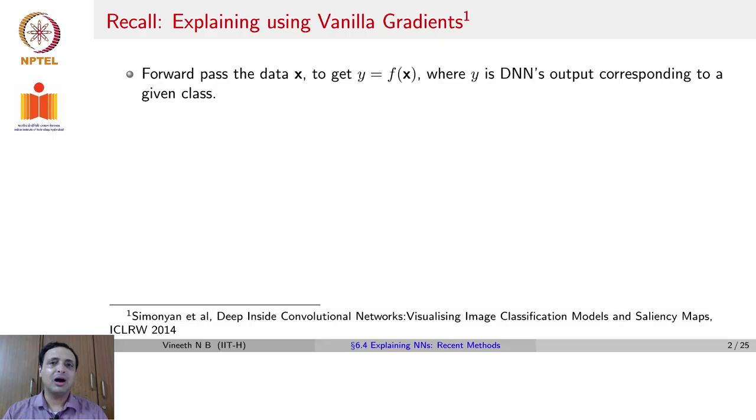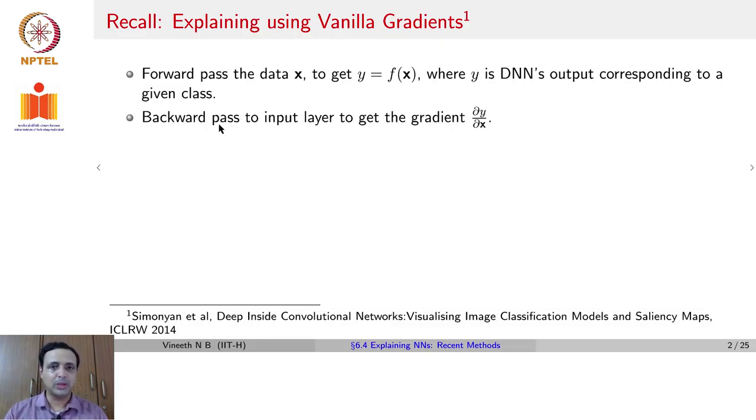If you recall our discussion on visualizing the data gradients, our overall approach was: you forward pass your data X, any input image, to get the output through the neural network. Let's assume that the neural network is given by a function f. You get y equal to f of x, and y is the neural network's output corresponding to a particular class, a particular score, the way we saw it.